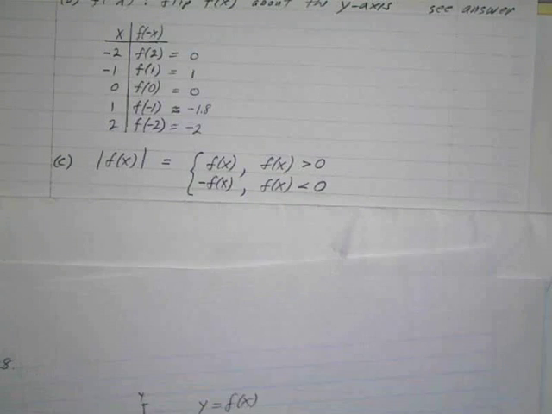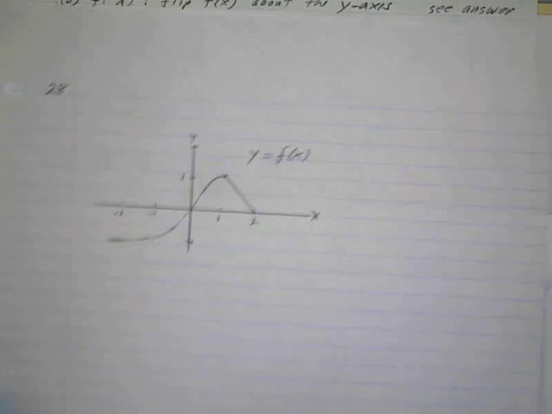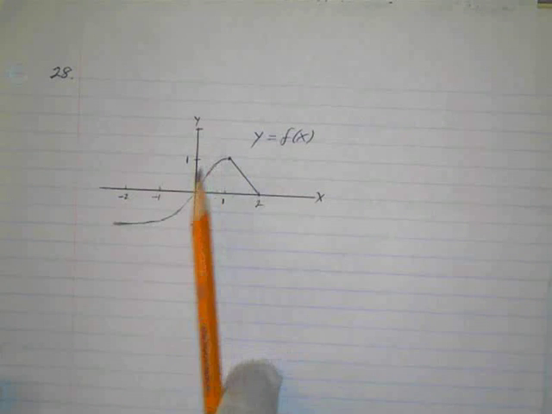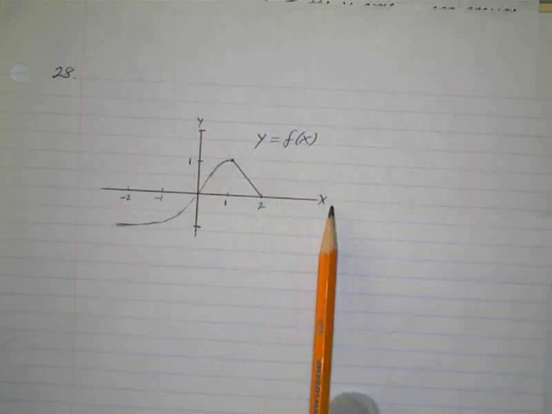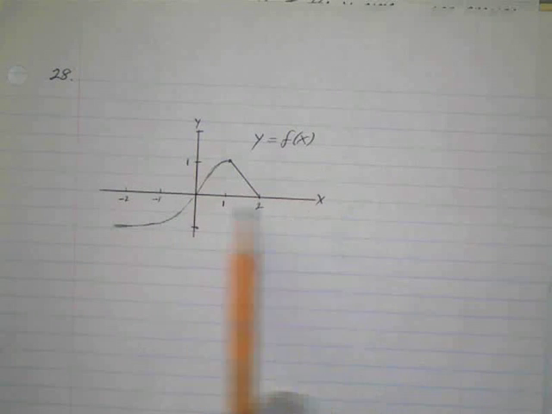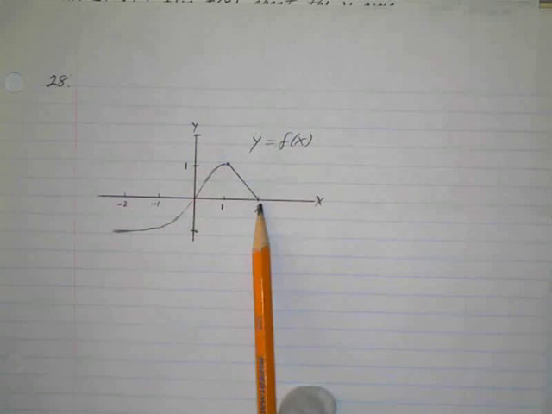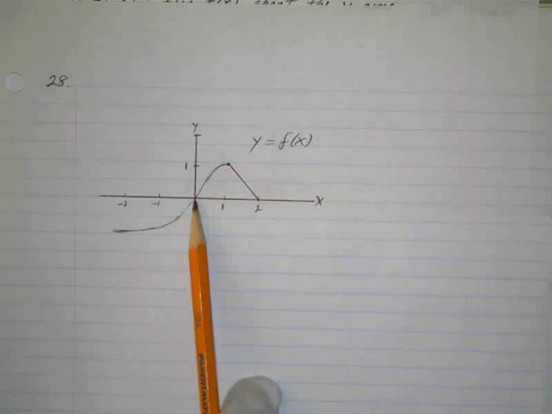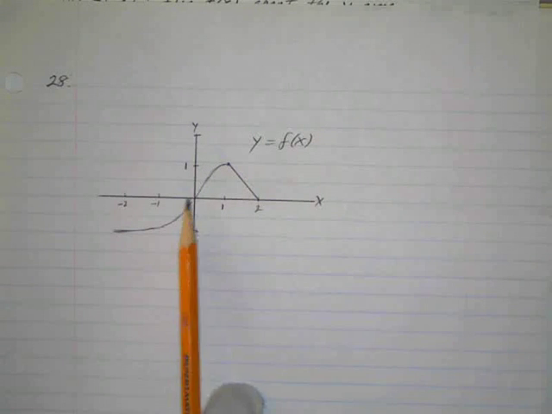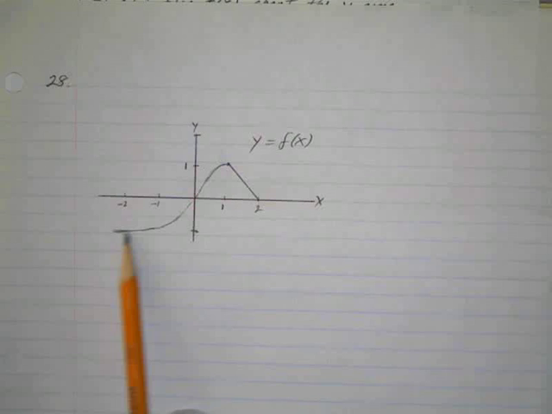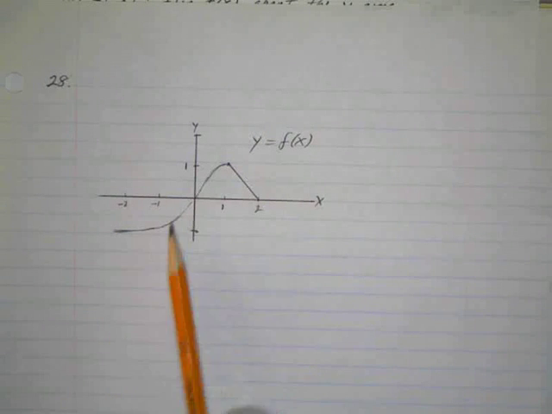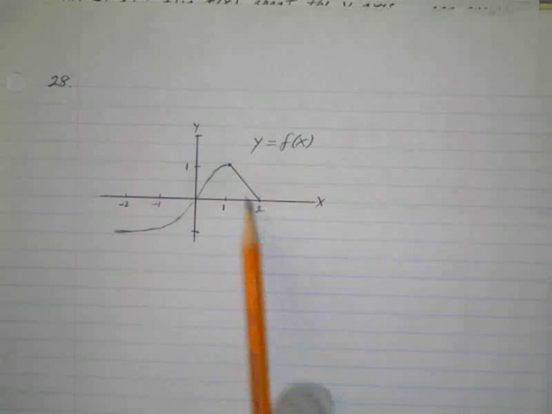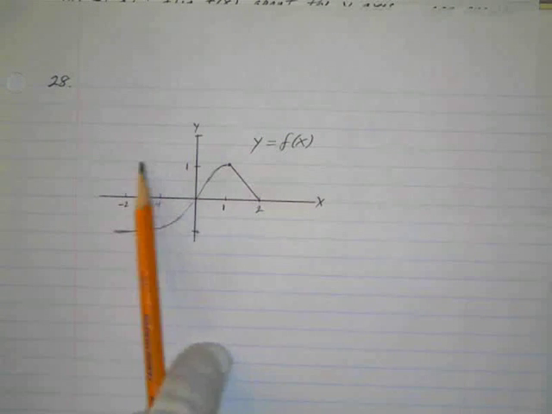Basically all that means is that whenever it's above the x-axis, the value of my function is positive, so I just leave it. But when it's below the x-axis, the vertical position is negative. So then I have to negate it, so I just flip it around. So this is okay, but when I get here, I just flip this around so it looks like that.